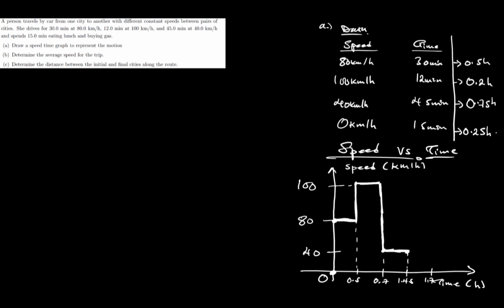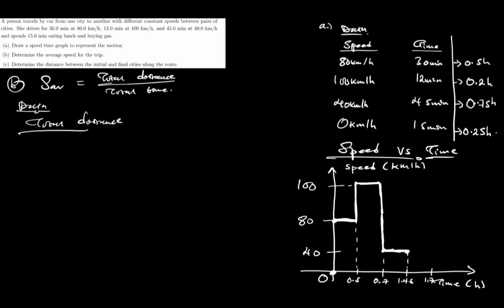All right, so now B says determine the average speed for the trip. So the average speed is equal to total distance over total time. So we can do up a data and look for our total distance.